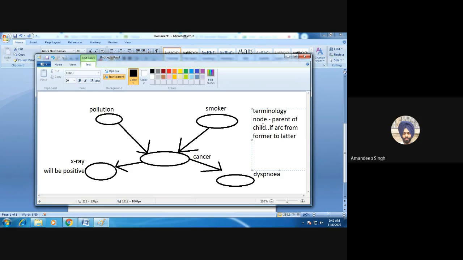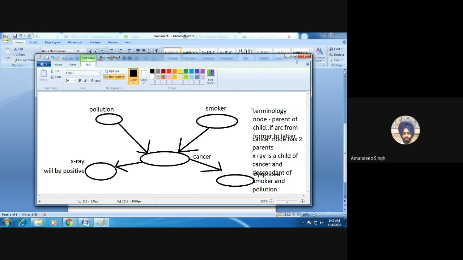So we can also add up here in the terminology, an additional thing. We have the cancer node. It has got two parents. Fine. And X-ray is a child of cancer and descendant of smoker and pollution.